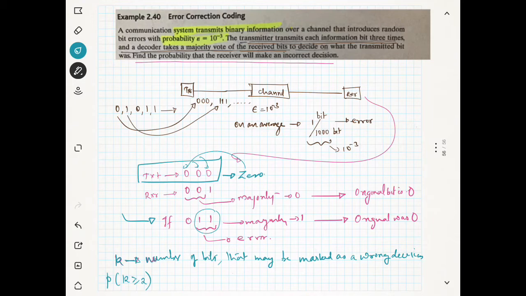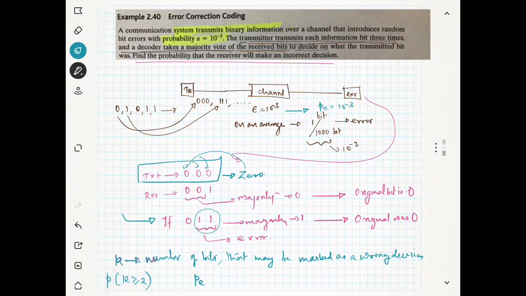You have the probability of error for 1 bit, which is 10 power minus 3.